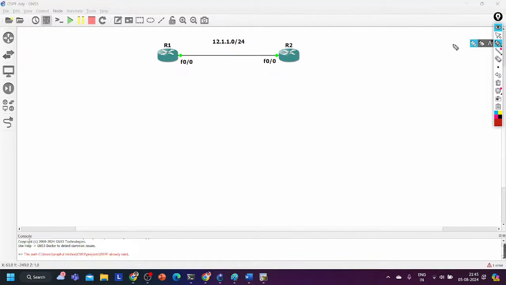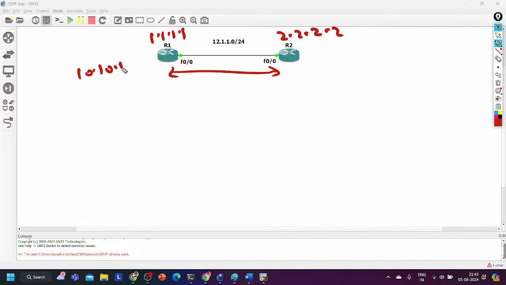What I am saying is that here the router ID is 1.1.1.1, here the router ID is 2.2.2.2, and these two routers are neighbors in OSPF. Now I want to change the router ID on router number 1. I want to configure 10.10.10.10. This should be the router ID on router number 1. I cannot change it.